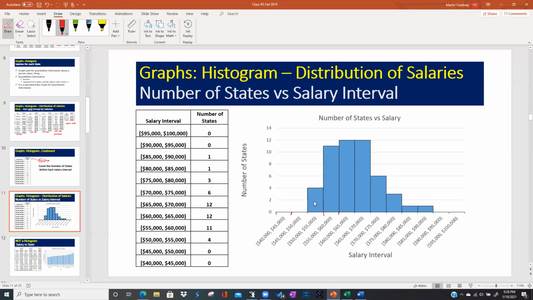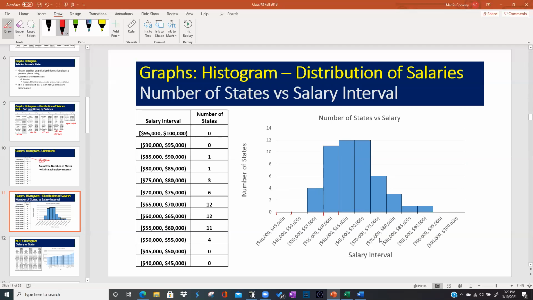And then the height of the bar indicates the number of states that have salaries in that interval. So from 50 to 55,000, there are 4. And if we come over here, from 65,000 to 70,000, that's right in here, it's going to be 12.